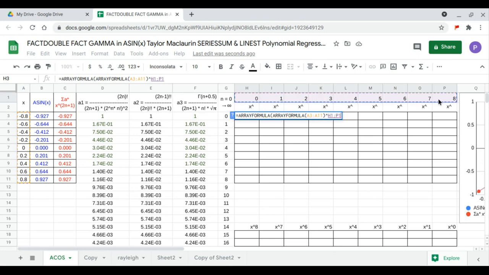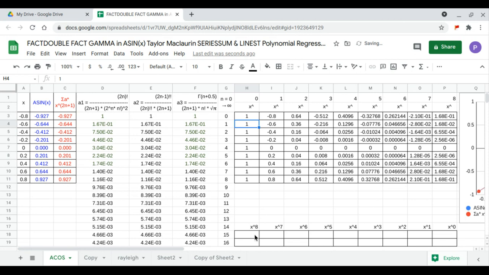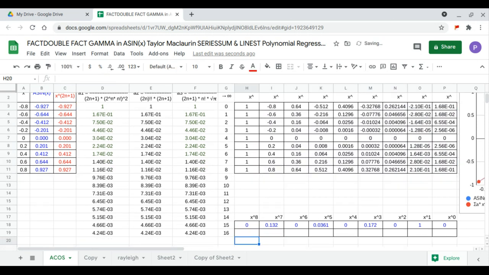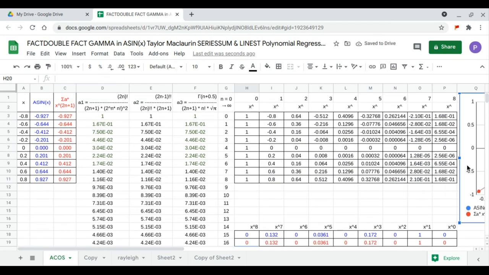Now that we have the Linest matrix, we can calculate the polynomial regression coefficient using Linest data y for the arcsine function itself and data x. And the expansion, which is Linest data y and data x. And enter. Let's compare.